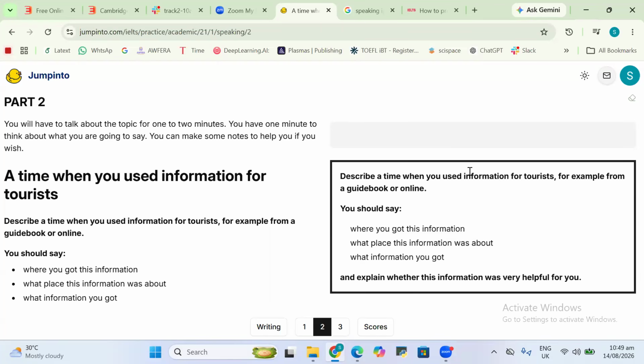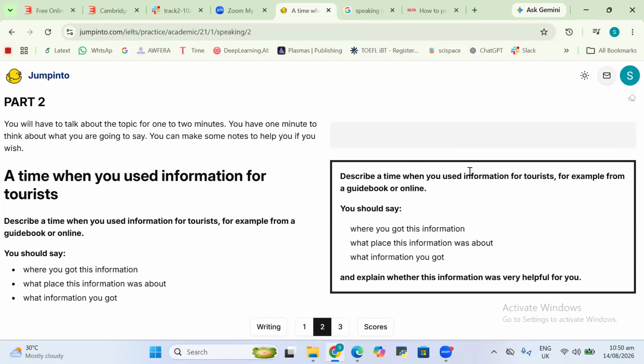I explained this question. Describe a time when you used information for tourists, for example, from a guide or a tour online. For example, when you visit somewhere or when people visit somewhere, they are tourists. I think the question is asking you to become a tourist guide.